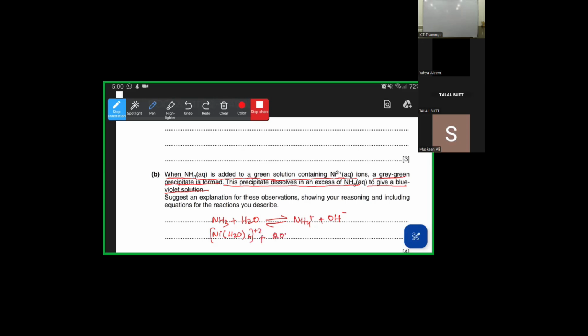So the two OH negative would join with it to form nickel (H2O)4 (OH)2, and this, my dear students, is neutral. The two water molecules will come out. So this is the precipitation reaction, and it said gray green precipitate, so you should write all these things up here. Did you get it? Yes, sir.